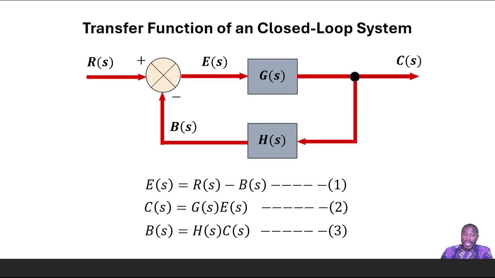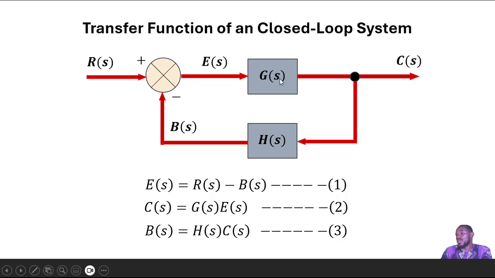Now, in this closed loop system, there is an equivalent open loop transfer function. Assuming that R of S comes in here and there's no comparator, R of S goes to E of S. E of S is actually the input here.